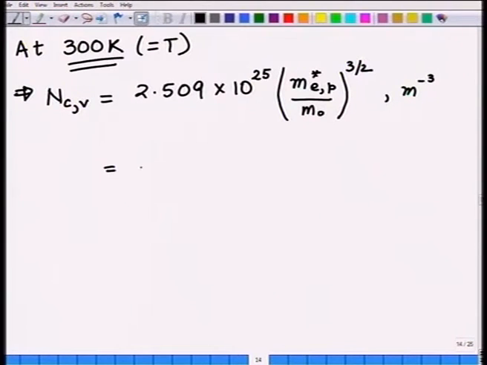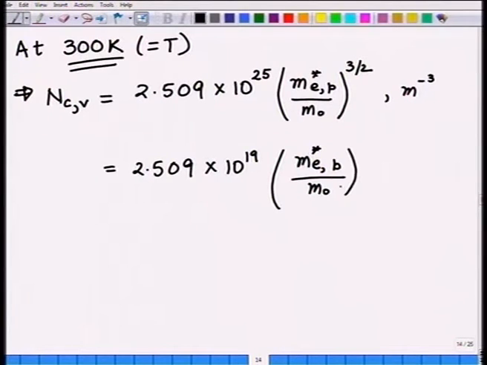Or, which is more conventional, the way we write it, I can write it as 2.509 into 10 to power 19 times (m_e or h star by m0) to power 3 by 2, and now it is in per centimeter cube. That is what the density of states is. If you substitute in here the effective mass of electrons, you calculate NC, and if you substitute here the effective mass of holes, then you calculate NV. That is what this comma separates, pick one of the two. All right, so that is what the simplified expression is.